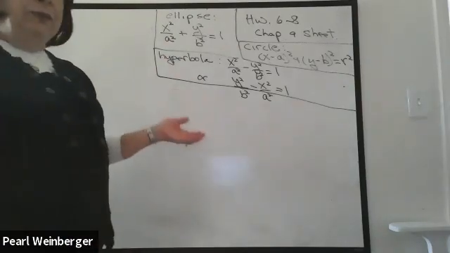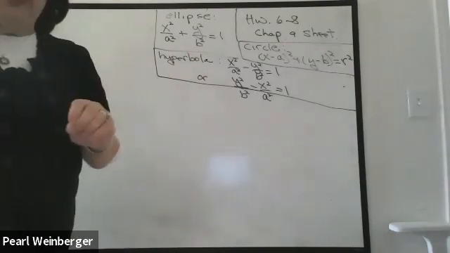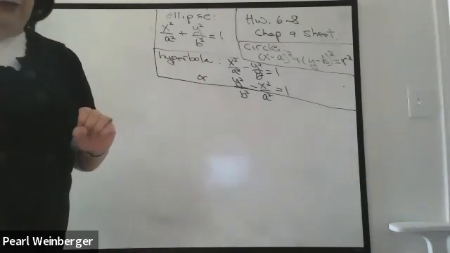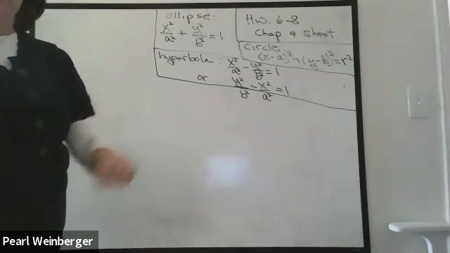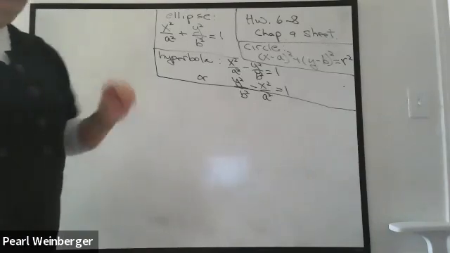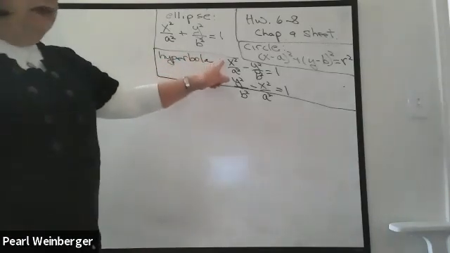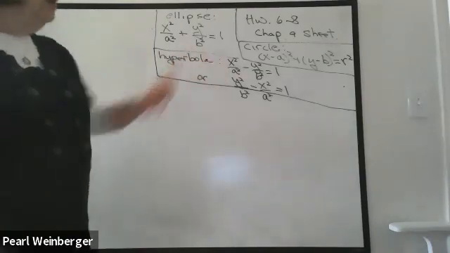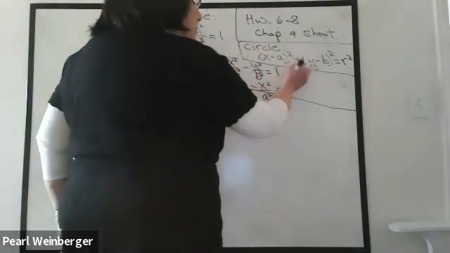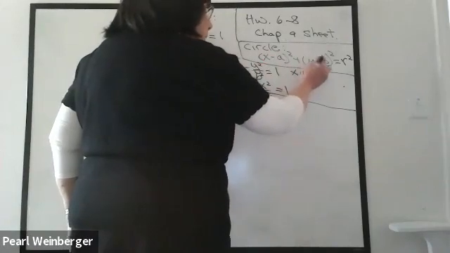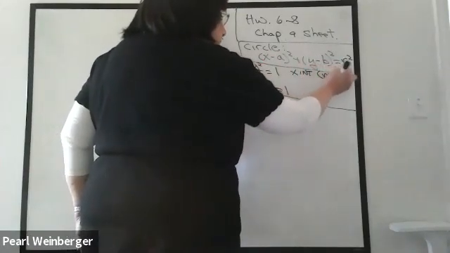And when you have a hyperbola, you don't have both x and y intercepts. You only have one or the other. When the x squared is the positive one, then you have x intercepts and no y intercepts.